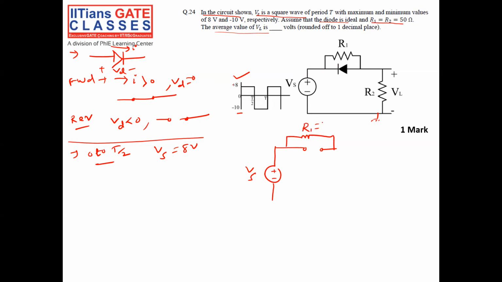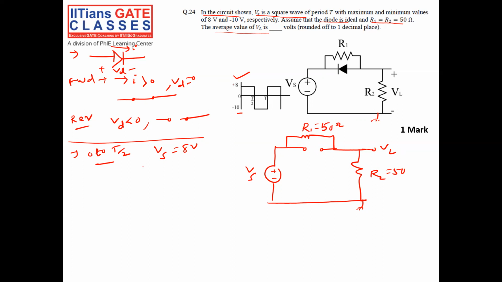R1 is equal to how much, guys? 50 ohm. Then I have R2 equal to 50 ohm. This is VL.